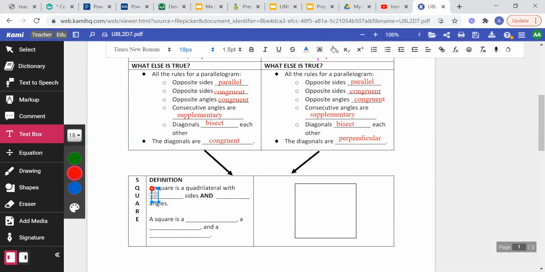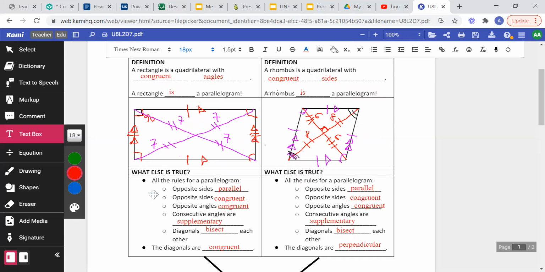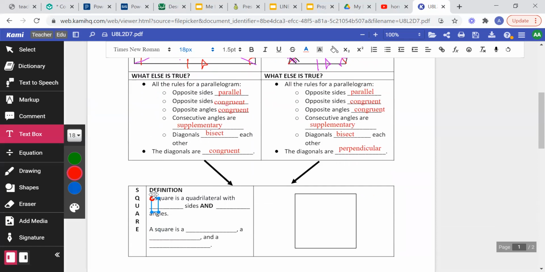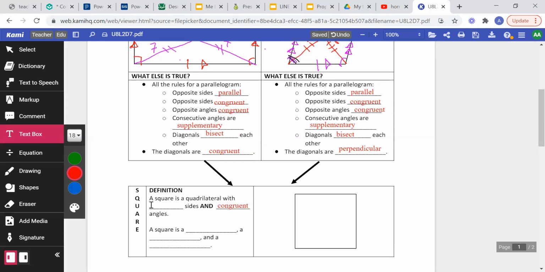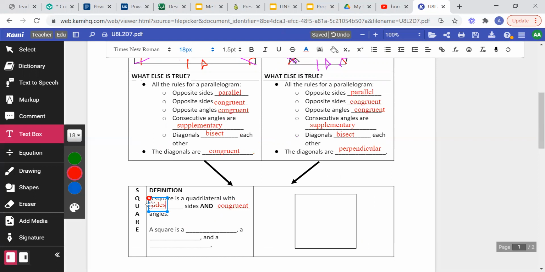Because in the first definition of a rectangle, we say a quadrilateral with congruent angles. So in the case of the square, we say with congruent angles and congruent sides. So whatever is in a rectangle is in a square, and whatever is in a rhombus is also in a square.